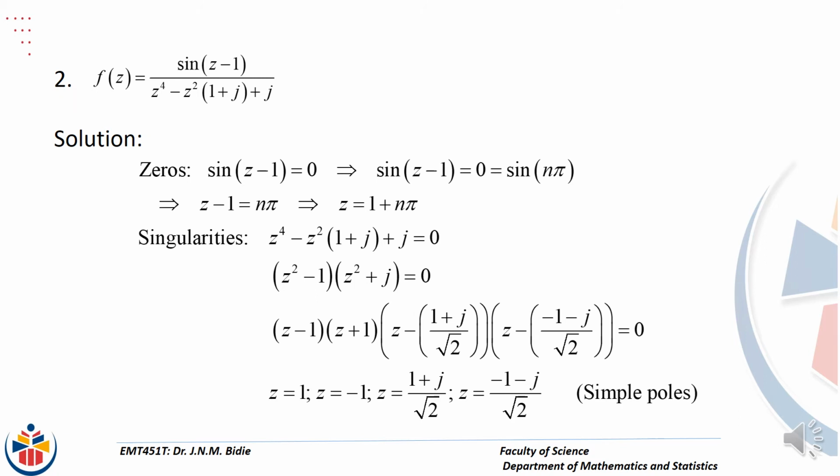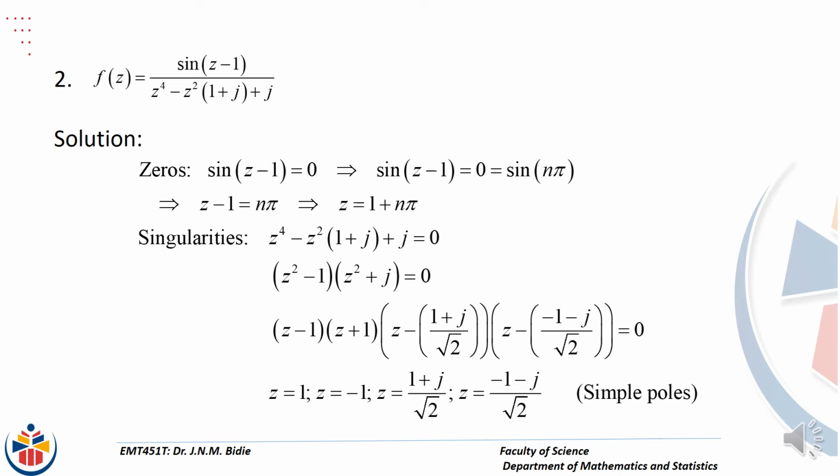Then the next one is sine of z minus 1, also divided by z to the power 4 minus z squared into 1 plus j. For the zeros, we've got sine of z minus 1 equal to 0. And we remember that 0 is also equal to sine n pi in general, for n an integer.